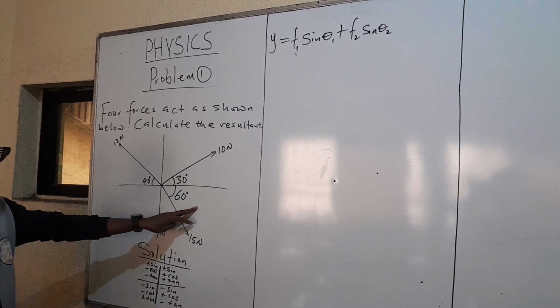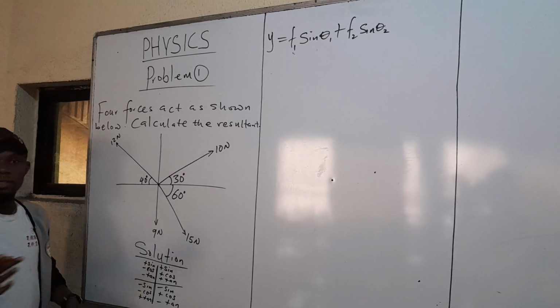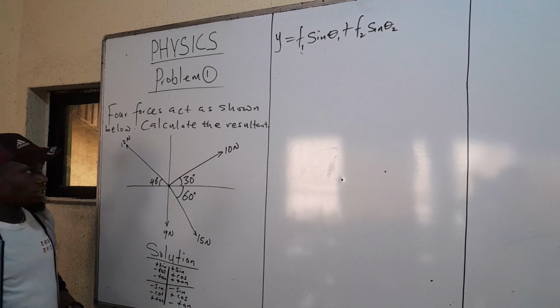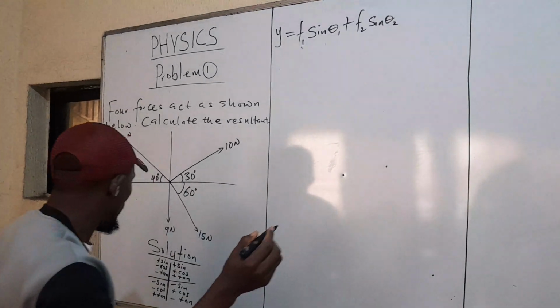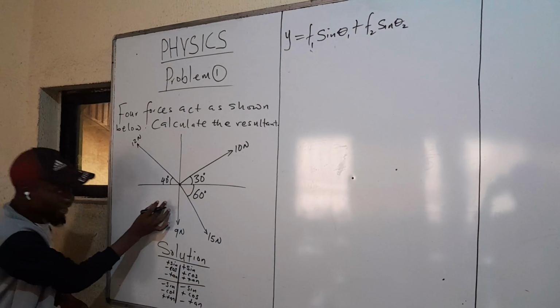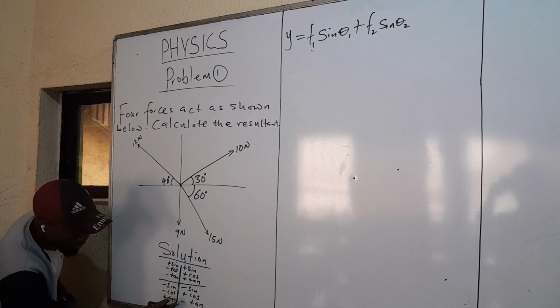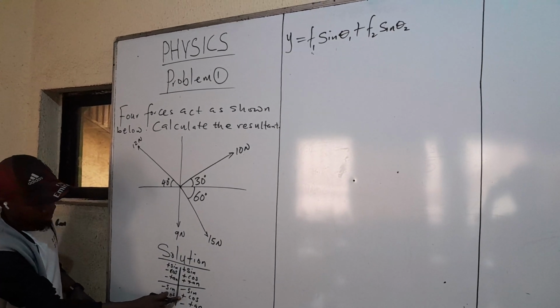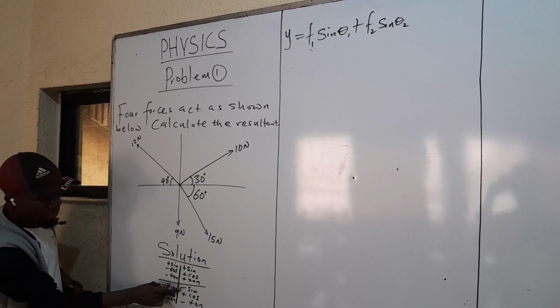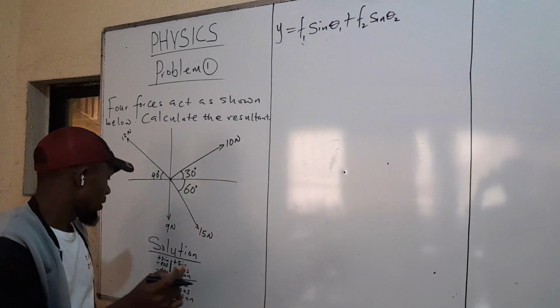So I'll move to the fourth quadrant. On the fourth quadrant, we have two forces there. Cos is positive, but I'm using sine, so sine is negative on the fourth quadrant.